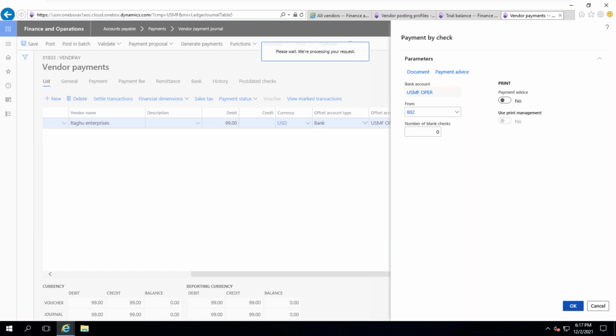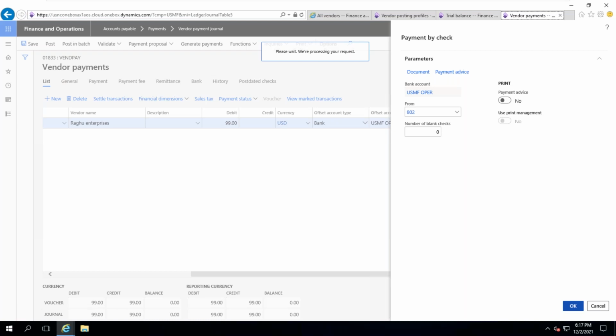In a client environment it may be seconds, but here it will take much time the first time. The second time, it will be processed very quickly. Let it be processed.